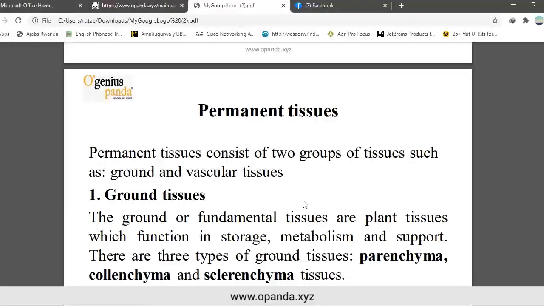Permanent tissues consist of two groups, ground and vascular tissues. Ground tissues are plant tissues which function in storage, metabolism, and support. There are three types of ground tissues: parenchyma, collenchyma, and sclerenchyma tissues.